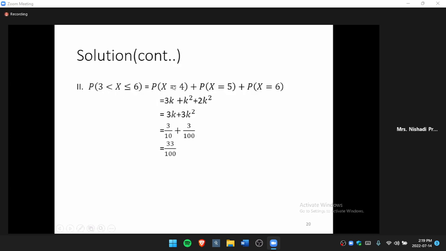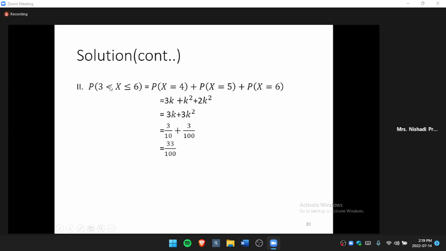Here, the probability when x equals 4, x equals 5, and x equals 6. I told you we are dealing with a discrete random variable. Therefore, we have to be careful when you write the summation, right? So you have to consider this equal sign as well: x equals 4, 5, and 6.